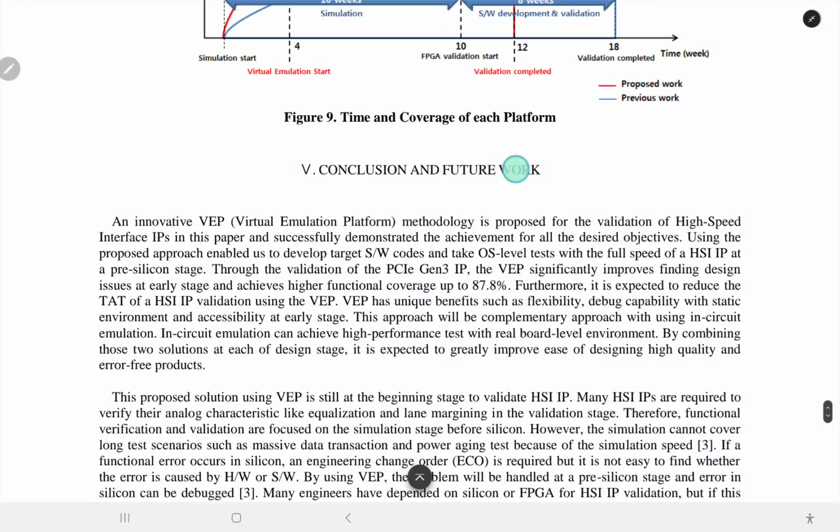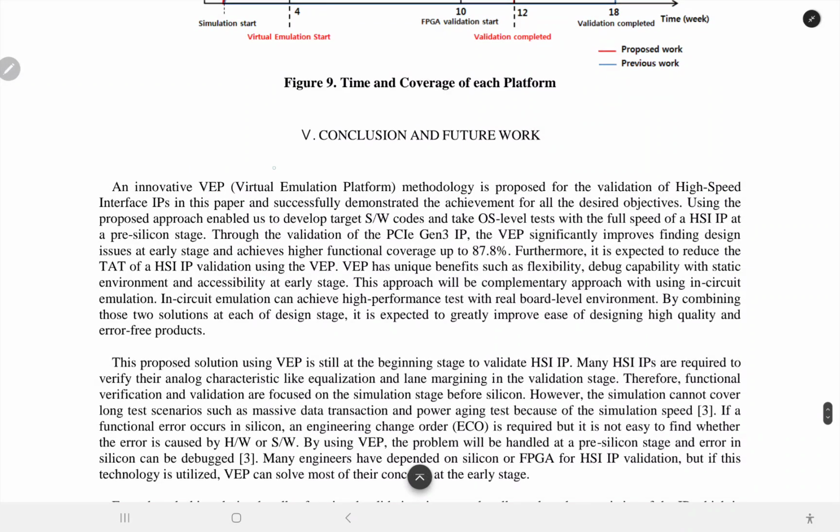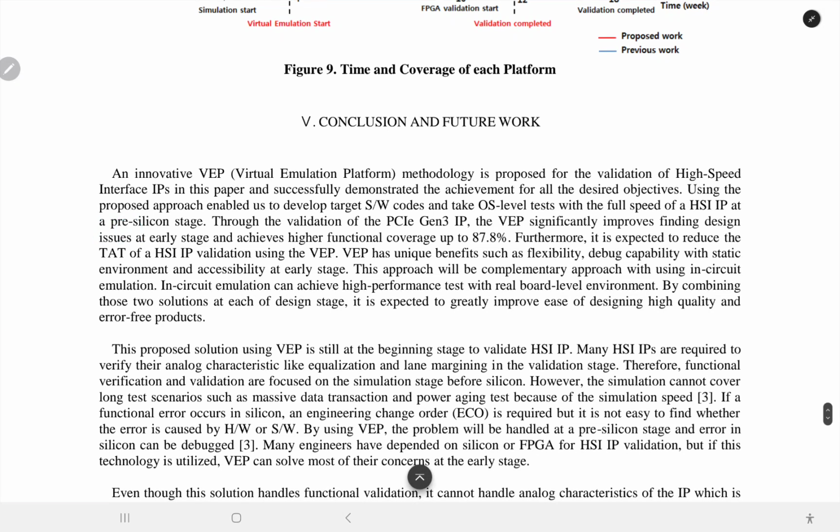7. Conclusion and future work. An innovative VEP, virtual emulation platform, methodology is proposed in this paper for validation of high-speed interface IPs, and it successfully demonstrated the achievement of all desired objectives. Using the proposed approach enables us to develop target software code and take OS level tests at the full speed of HSI IP at the pre-silicon stage.